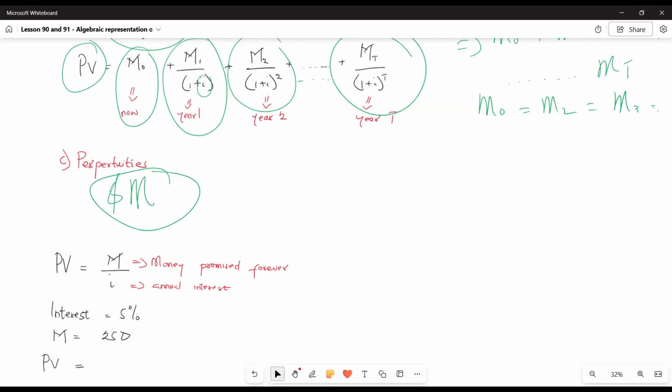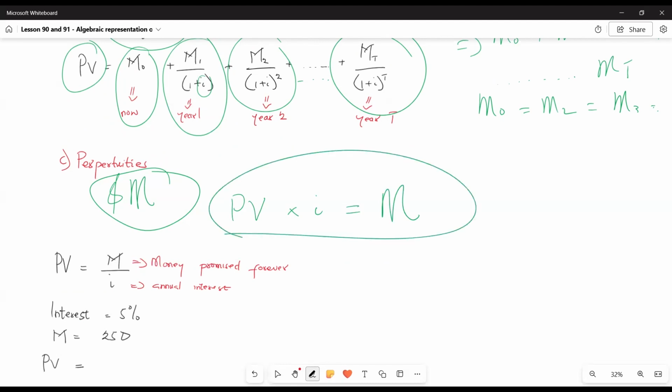So we know that to answer this question, we have to consider an amount that when multiplied by the interest rate will be equal to the amount that is promised. So what we'll be looking at is present value multiplied by the interest rate should be equal to this fixed amount that is promised forever. So rewriting this, we obtain the present value being equal to M, which is the money that is promised forever, divided by the annual interest rate.